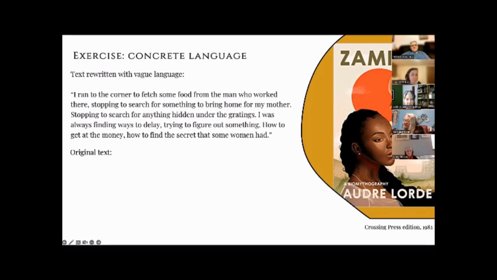So I'm going to give you a few minutes to have fun with this, because this is really where your creative writing is going to come in, as opposed to your grammar or editing. I'm going to ask you to fill this in with your own specificity and concrete language details.